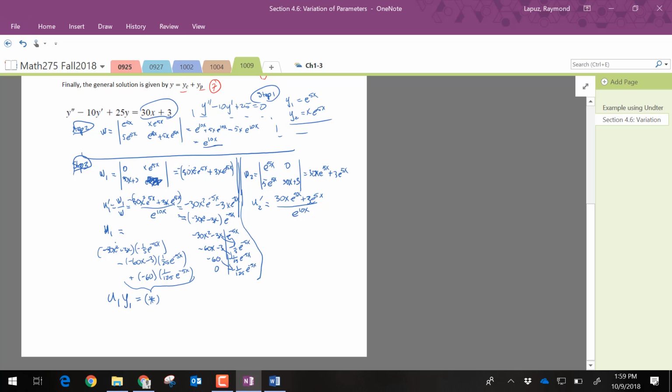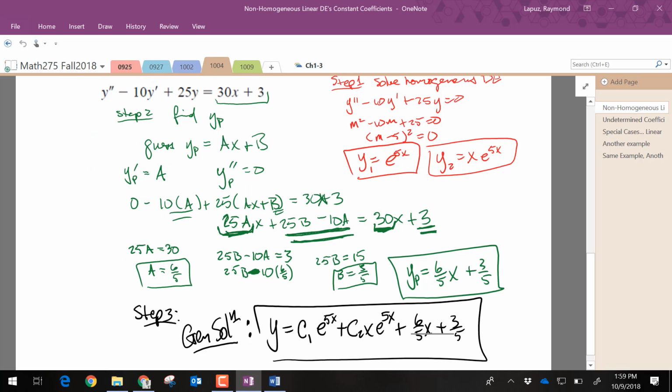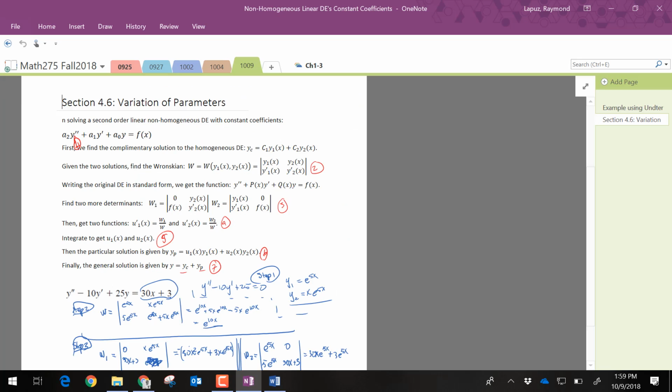And what's y1 again? y1 was e to the 5x. So we have a bunch of e to the negative 5x's in there that will cancel out. And after we cancel those things out, you'll see that all we'll have left is a polynomial, right? And that's pretty much what's happening here. All that's left over here are polynomials. So that's what we should be expecting.